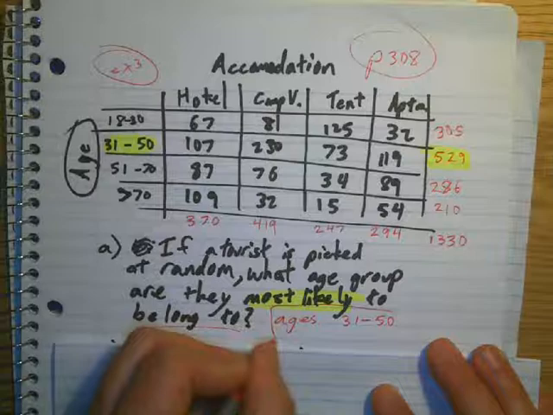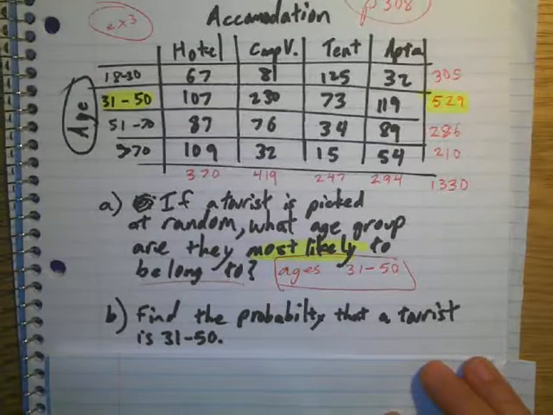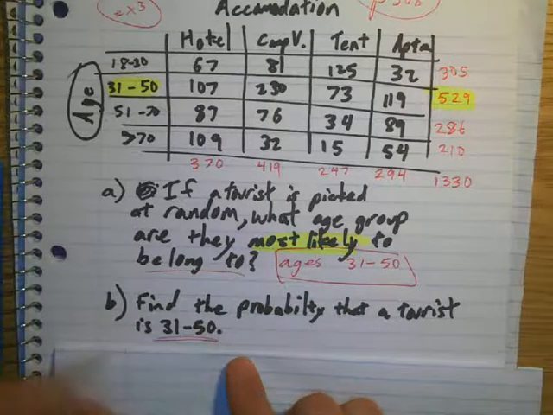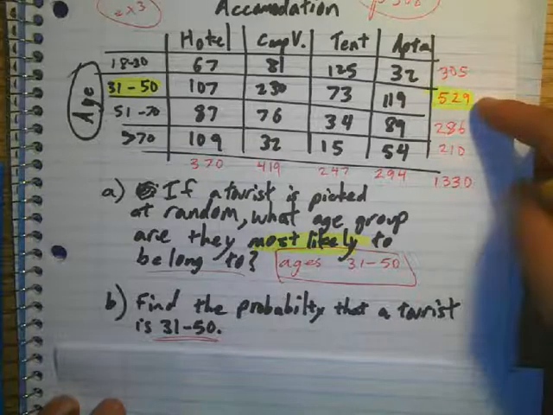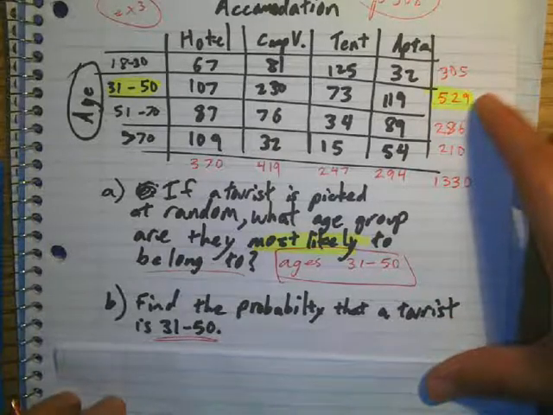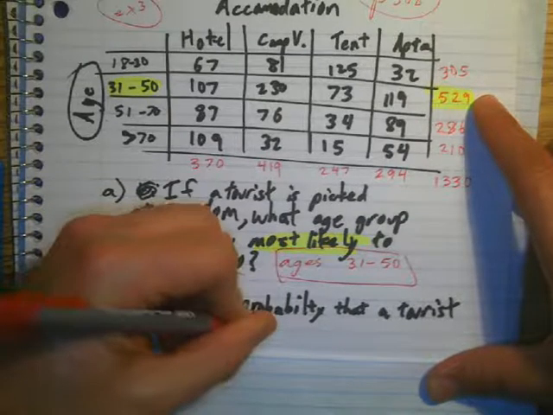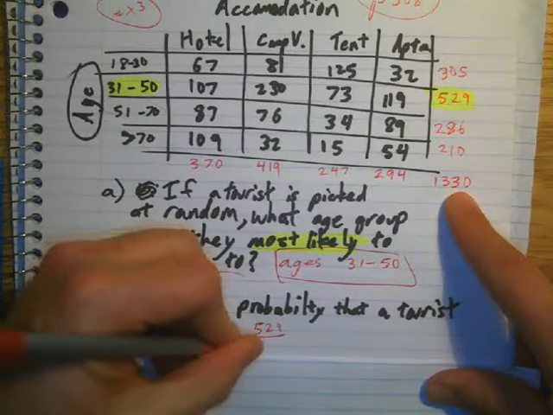Okay, let's look at the second example. Find the probability that the tourist is ages 31 to 50. Okay, well, how many people are ages 31 to 50? 529, right? And how many tourists are there total? 1,330.